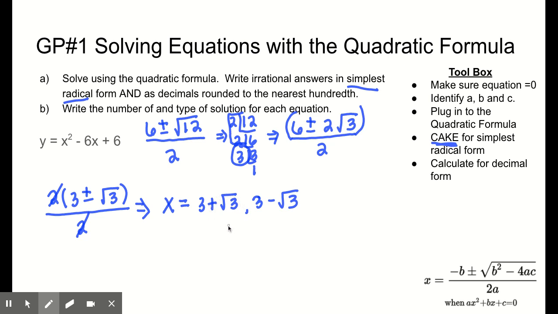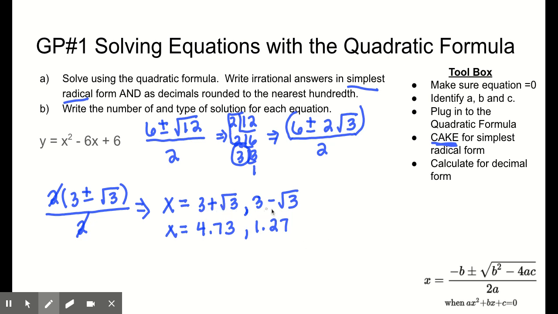We talked about this in class. And we should end up with 4.73, rounded to the nearest hundredth. For 3 minus the square root of 3, if you type that into your calculator and round it to the nearest hundredth, you're going to end up with 1.27.